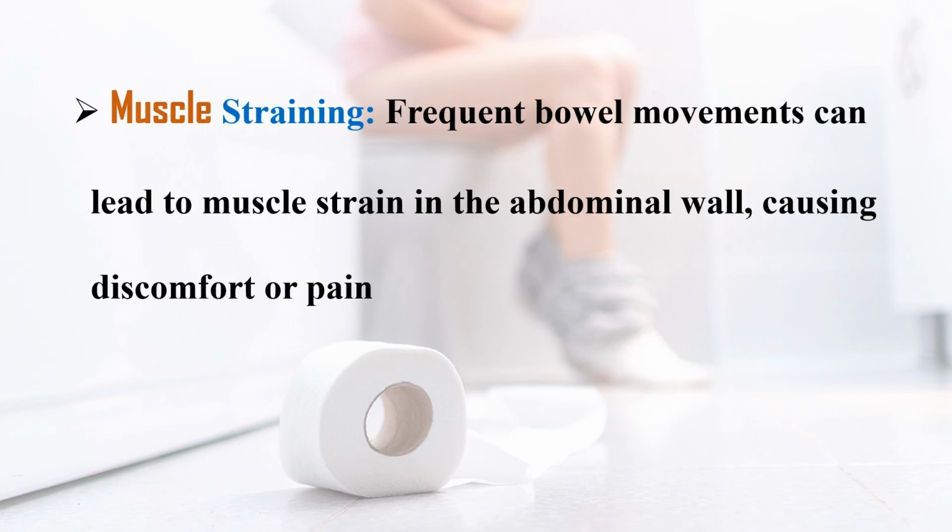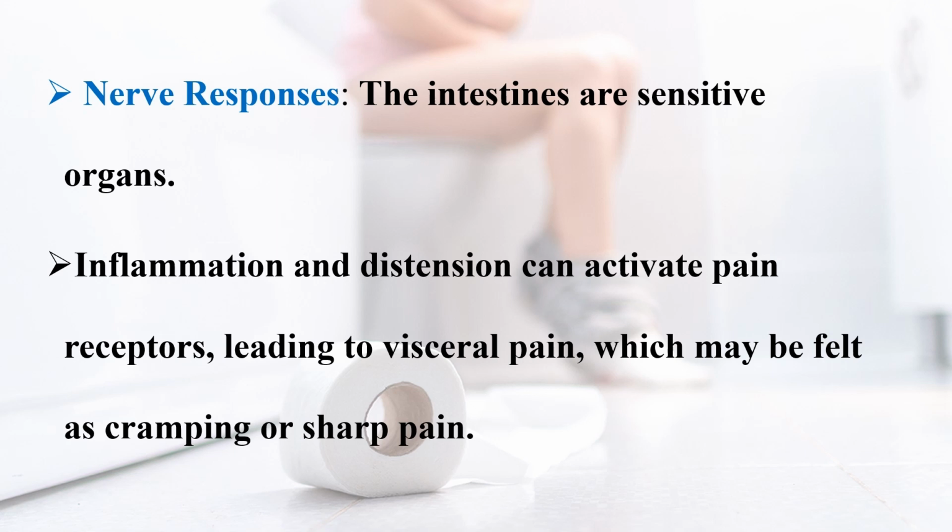Next one, muscle straining. Frequent bowel movements can lead to muscle strain in the abdominal wall, causing discomfort or pain. Next one, nerve responses. The intestines are sensitive organs. Inflammation and distension can activate pain receptors, leading to visceral pain, which may be felt as cramping or sharp pain.